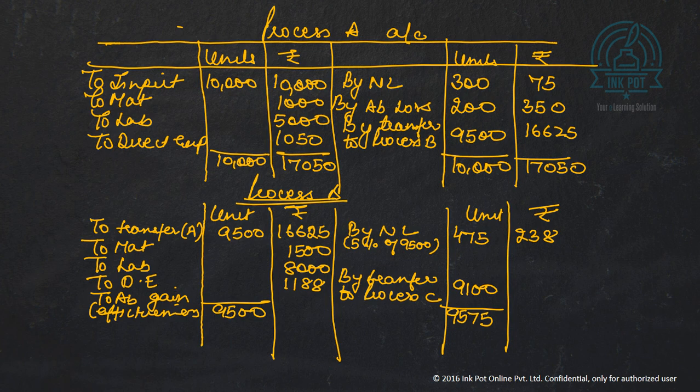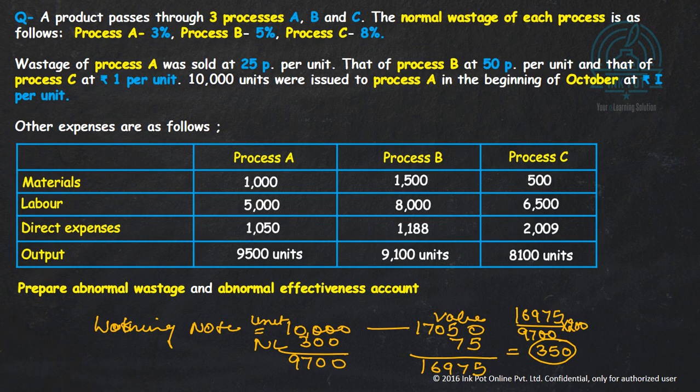So that is known as abnormal effectiveness, right? So we have 75 units here. So the total here will also be 9575. Now, how to calculate the value of these 75 units? It is calculated in the same manner as we calculated this value. So let me show you here in the working notes.